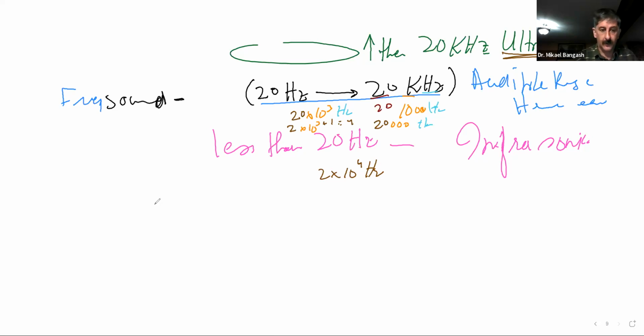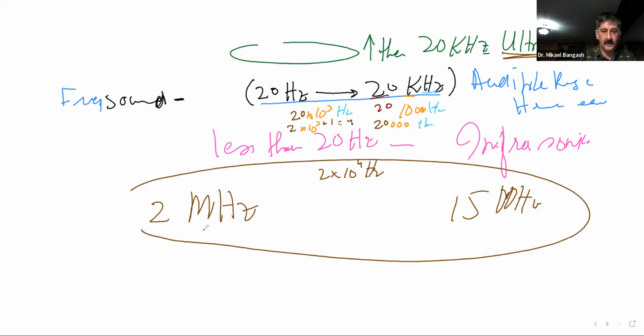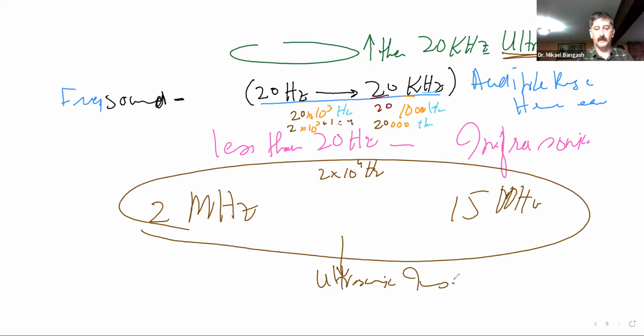Clear? Of course, 2 megahertz is greater than 20,000 hertz. Not to talk about 15 megahertz, it's also greater than 20,000 hertz. But this range between 2 megahertz to 15 megahertz is what we use for ultrasonic imaging.